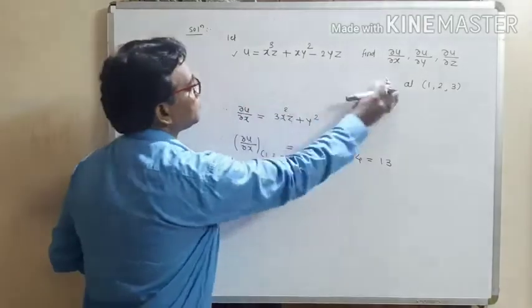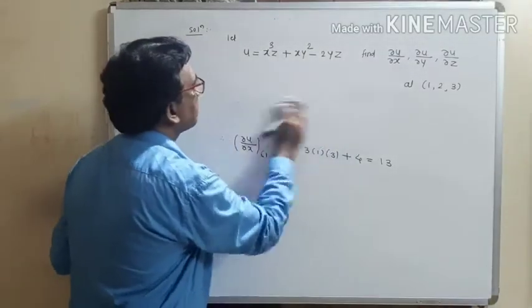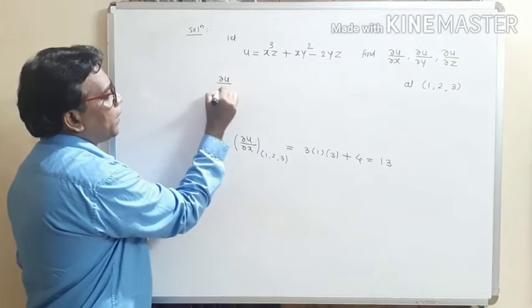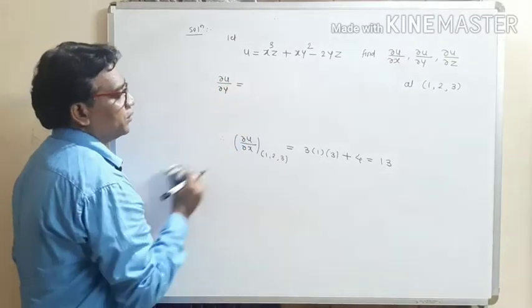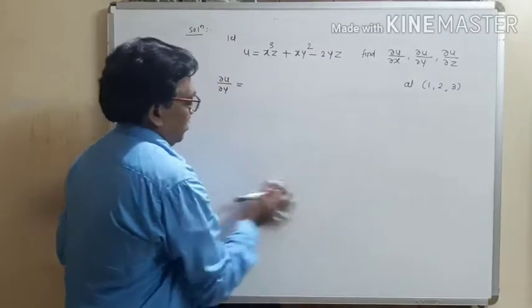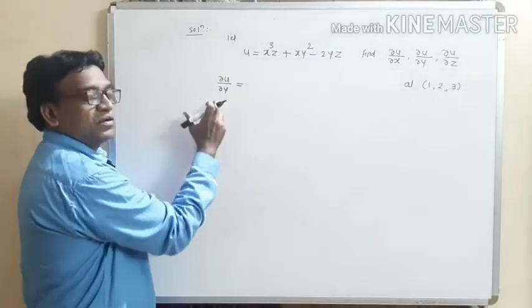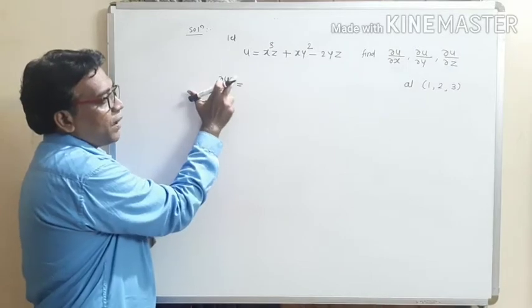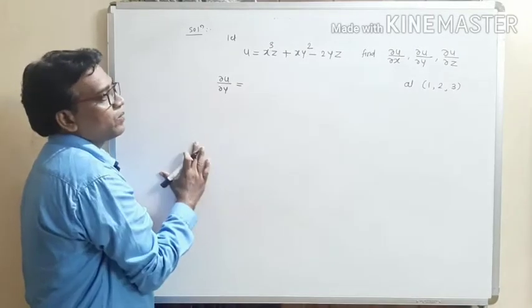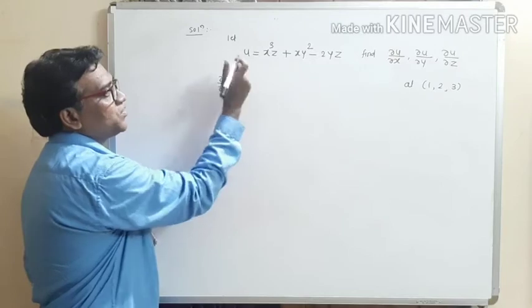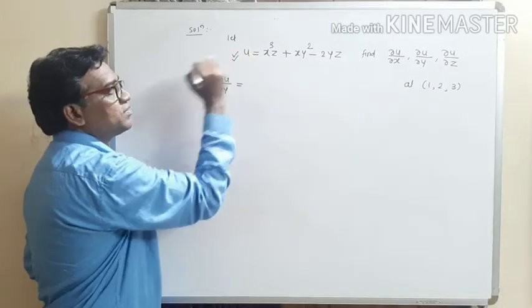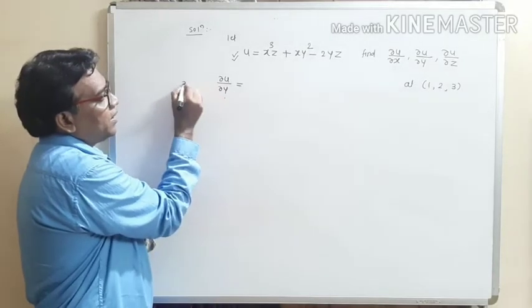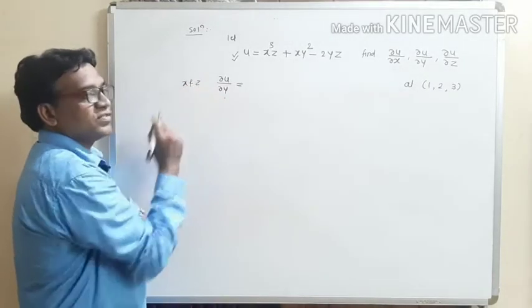Now find the similar derivative ∂u/∂y. So write down, ∂u/∂y is equal to. So see how to find the partial derivative ∂u/∂y.